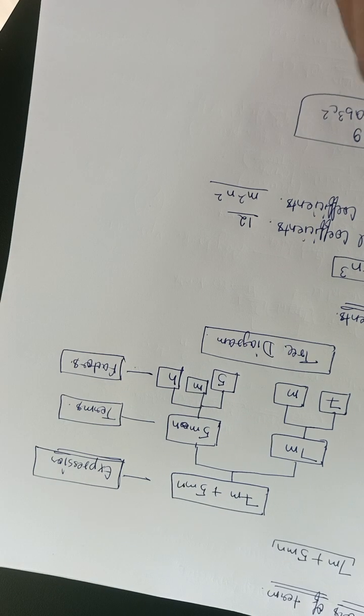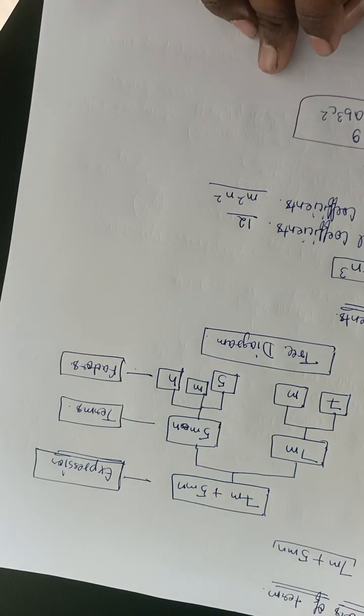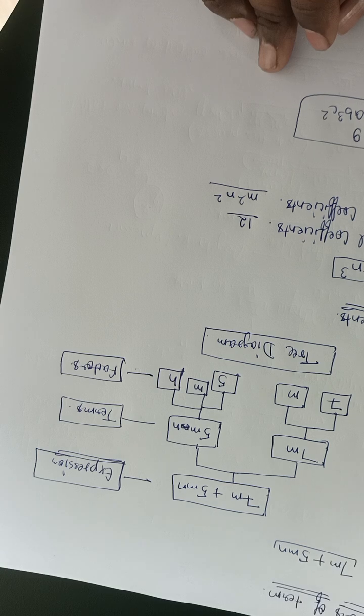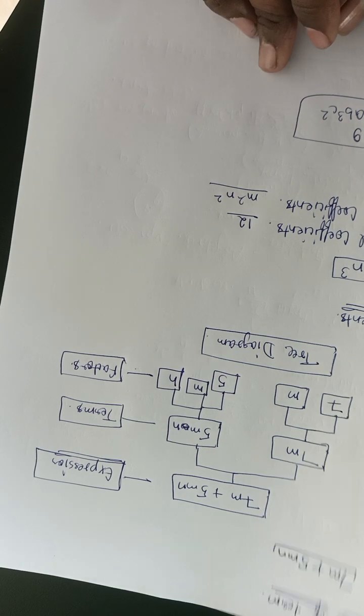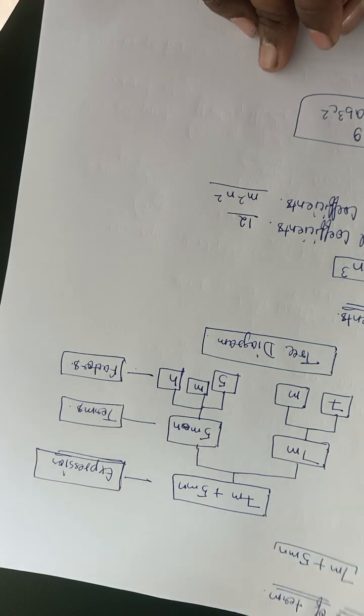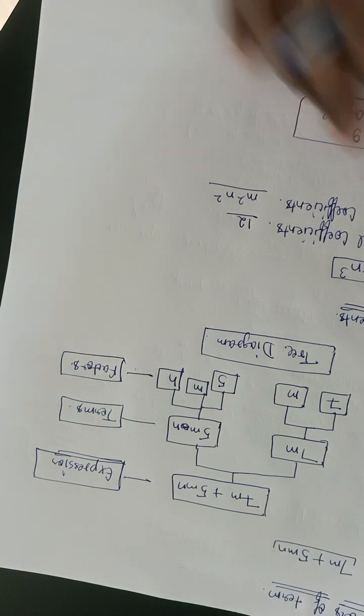Is that clear? So these were some things you have to keep in mind before starting the exercise. And now we have to come to the types of algebraic expression.